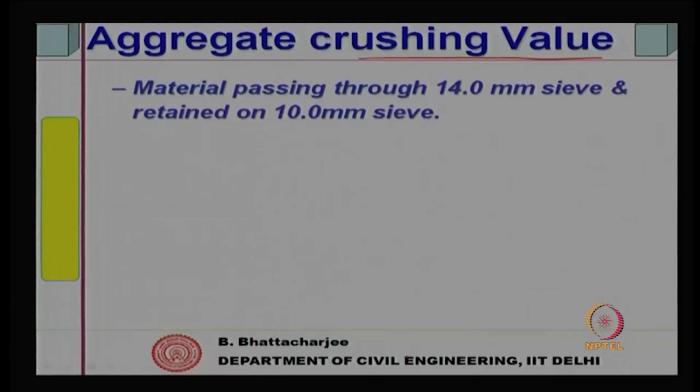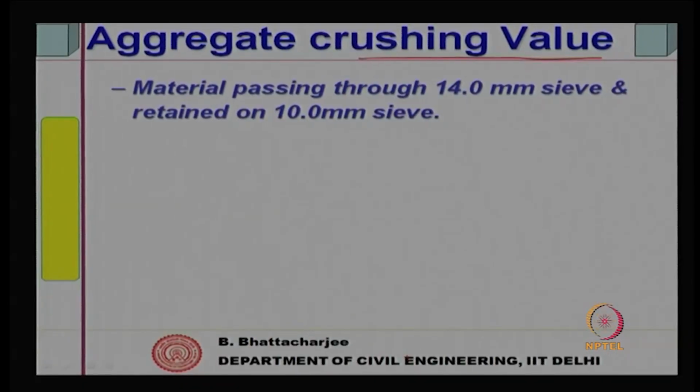The second issue is that if the aggregates are in aggregate form, it is very difficult to measure their strength as such. So what we do is compare two aggregates using a test called the crushing value test. There is another similar test called the aggregate impact value. The crushing value test is very commonly used.